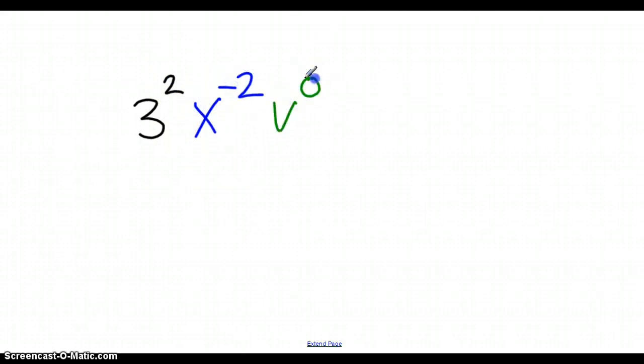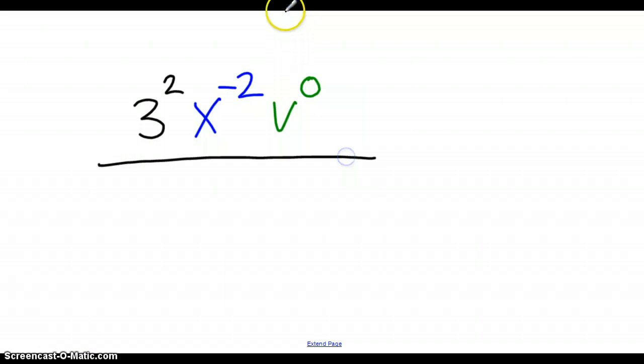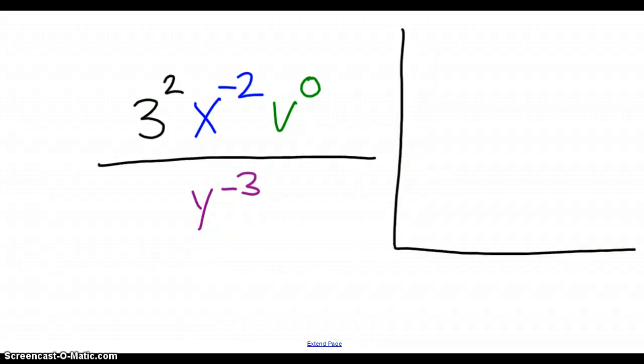Let's say we have a 3 squared. Okay, then we have an x to the negative 2, a v to the 0 power, and all of this is over a y to the negative 3. So let's take this one piece at a time here and see if we can't compose our answer.